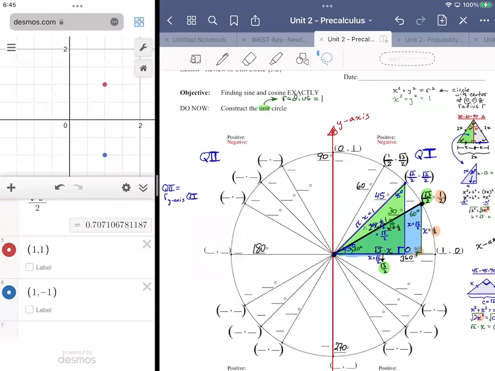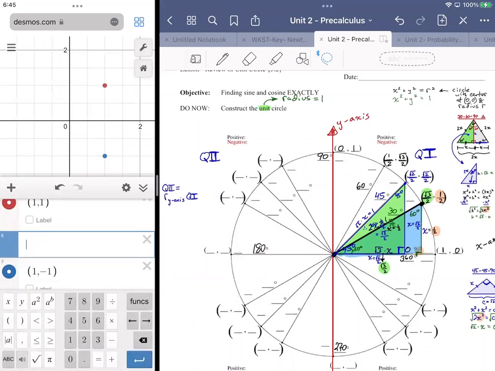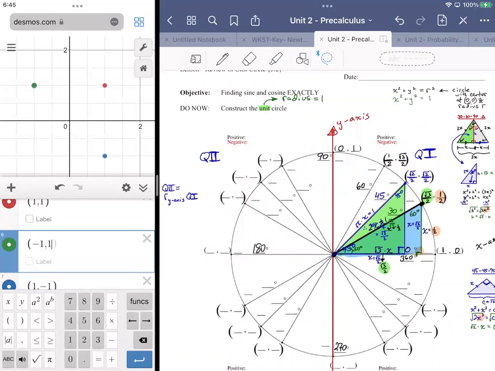But then I see very quickly that that's not what I wanted to do. That's a negation of the y, giving a reflection over the x-axis. So it's the case where we take the 1 and negate it. And that gives us a coordinate in the second quadrant, or a reflection over the y-axis.